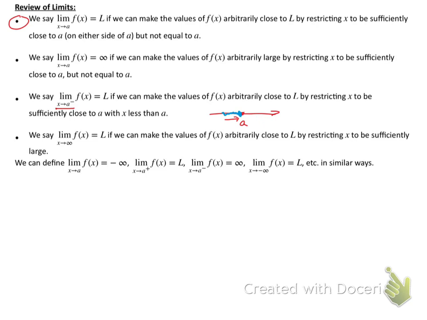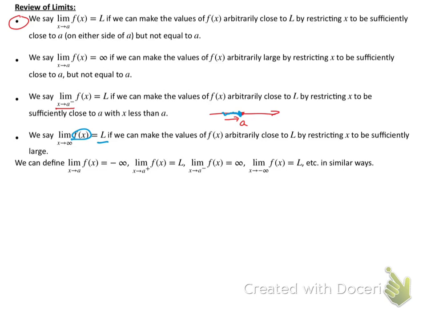And finally, we can also make x approach infinity. When we say the limit of f of x is L as x approaches infinity, that means, again, you want your f of x very close to L, you just push your x to be large enough.